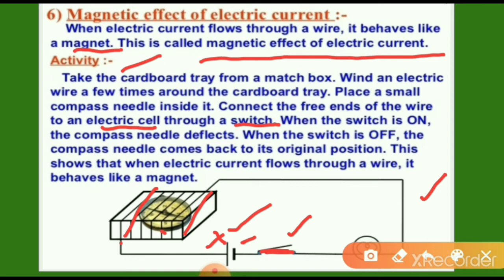So what happens here? This shows that when electric current flows through a wire, it behaves like a magnet.